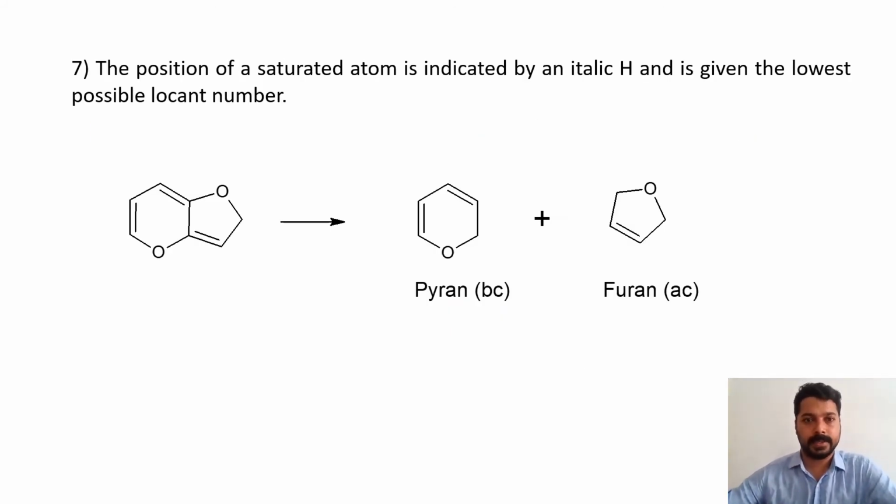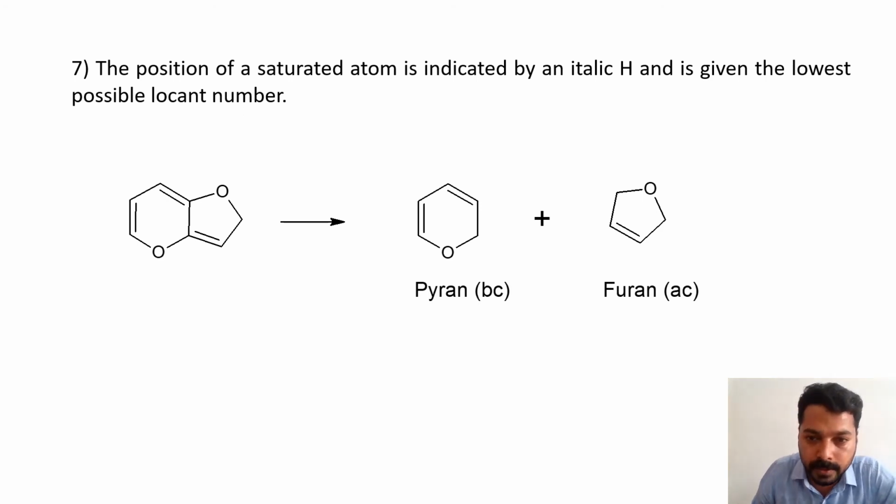Next point, I can say that the position of the saturated atom, that is indicated hydrogen, is generally indicated by an italic H and is given the lowest possible number. For example, if you take this compound, you can take pyran as well as furan as the components. So pyran will become the base component, whereas furan will become the attached component.